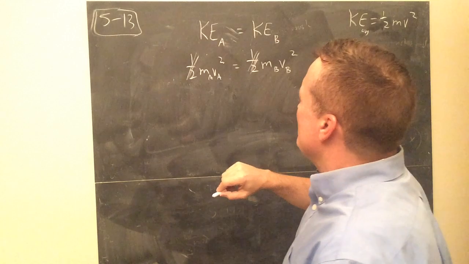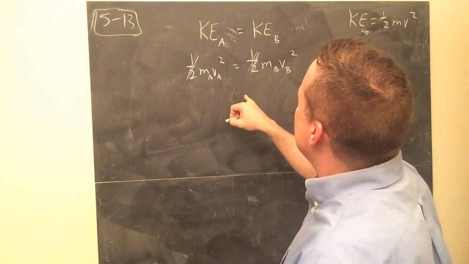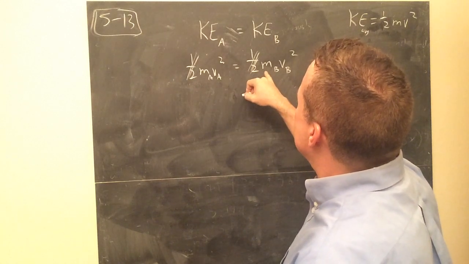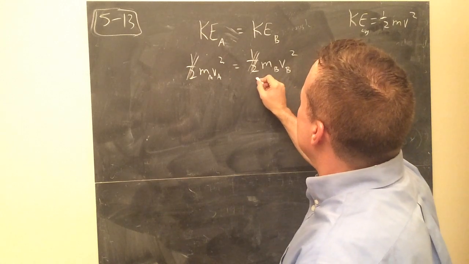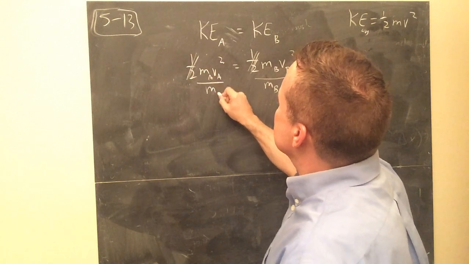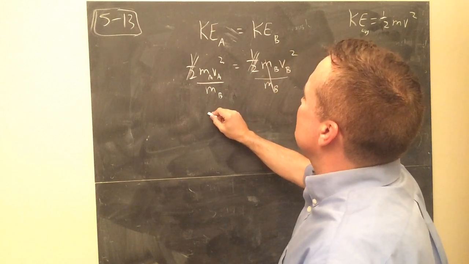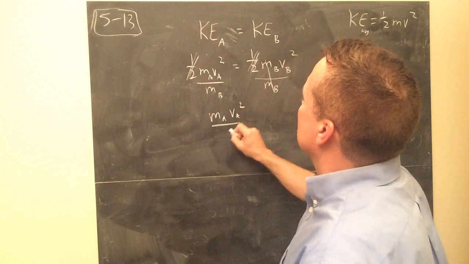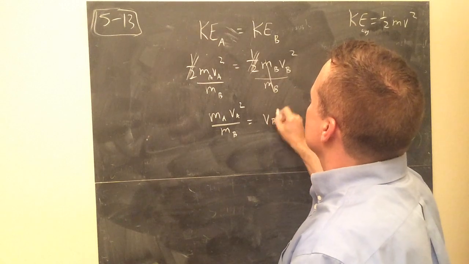Then, what I can do is divide both sides by the mass. I'm going to divide this side by the mass of B. I'll do this in a few steps to show you. That side by the mass of B, so that way it goes away. And then here I've got mass of A times the velocity of A squared over the mass of B equals the velocity of B squared.